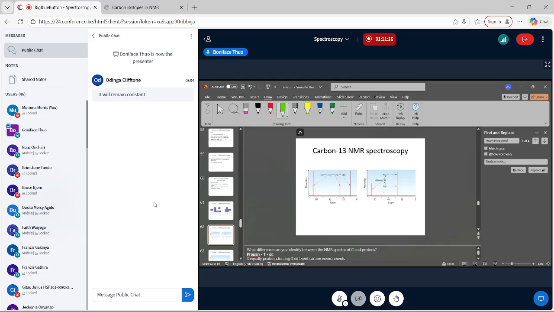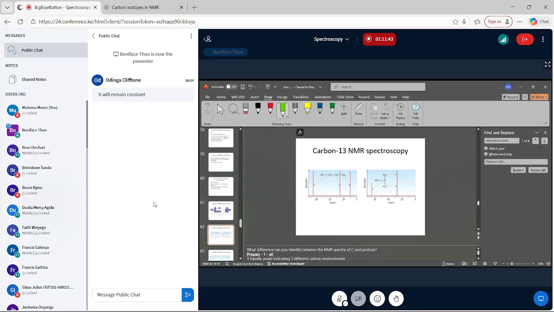Okay? But if you look at this compound, we have 2 peaks showing that we have 2 chemical environments. The ratio of carbons responsible for those peaks is 1 to 2. Okay? You can also see that the chemical shifts are within the expected regions.